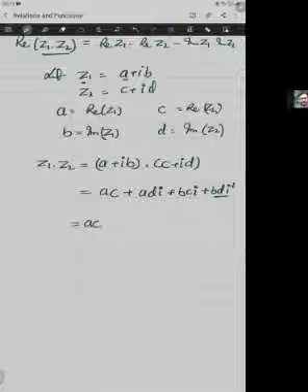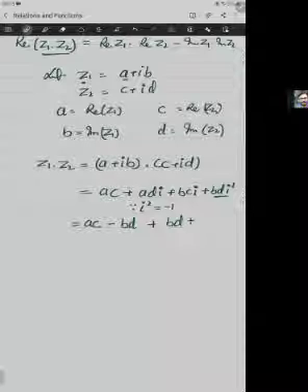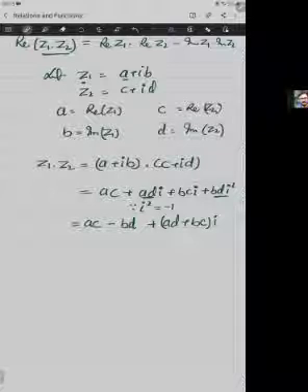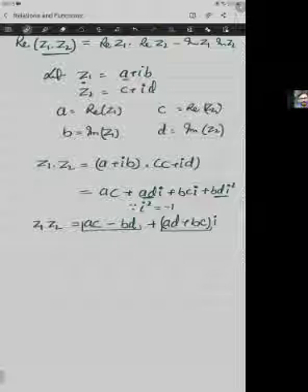So AC minus BD, since i square equals minus 1, plus, sorry, it is AD, I have written BD by chance, plus BC, i taking common. So this one is Z1 Z2. Now this part is said to be the real part and this part is said to be the imaginary part.